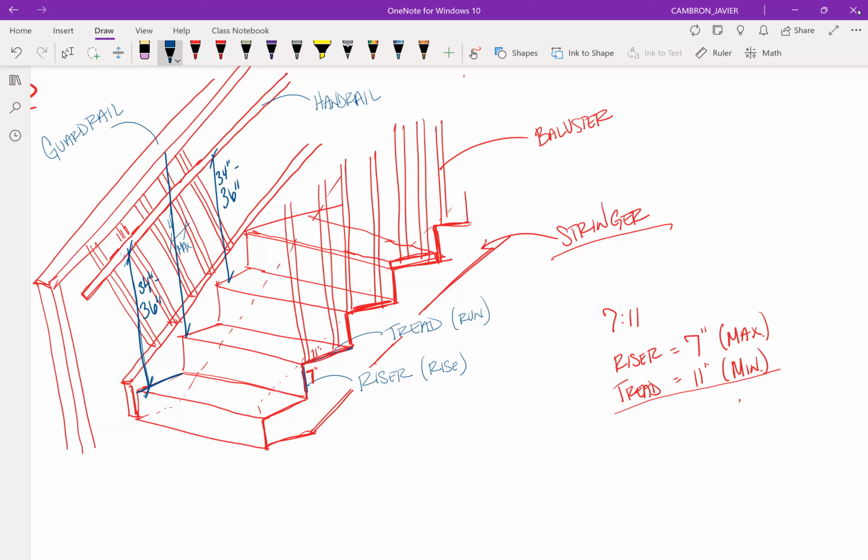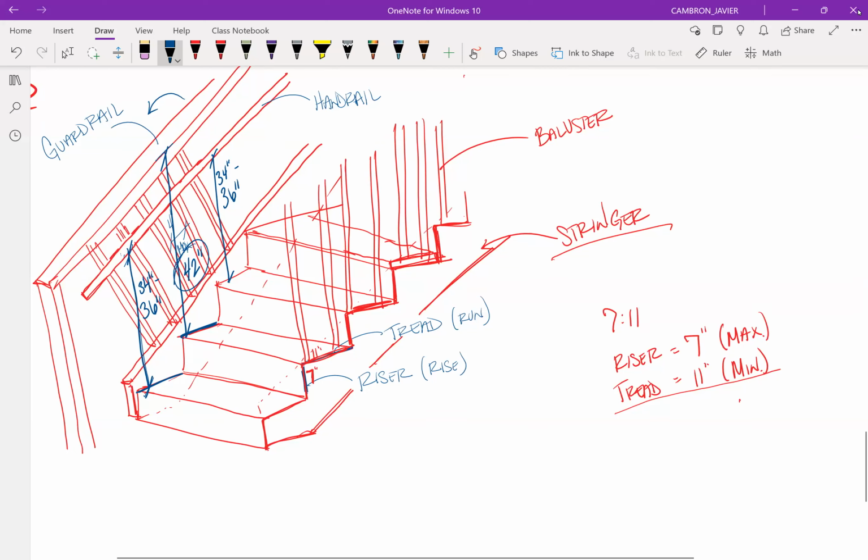is different. The guardrail is 42 inches from the tread. And the guardrail, again, is to make sure that you don't accidentally tip over from the side of the staircase and fall off. So the guardrail is going to help protect you. Now it's 42 inches. Let me write that over here somewhere.